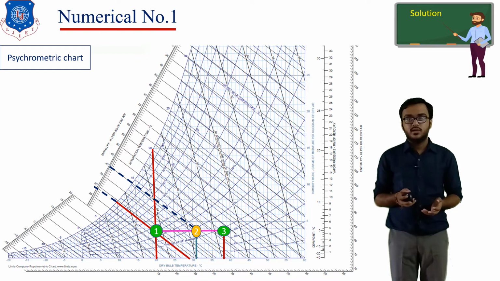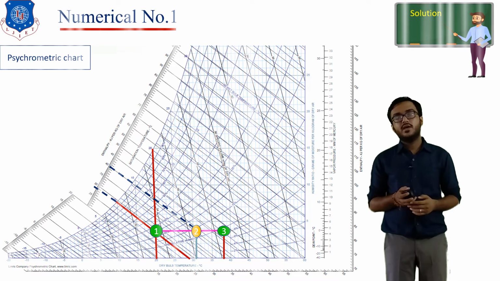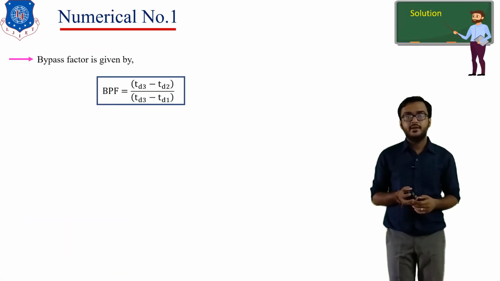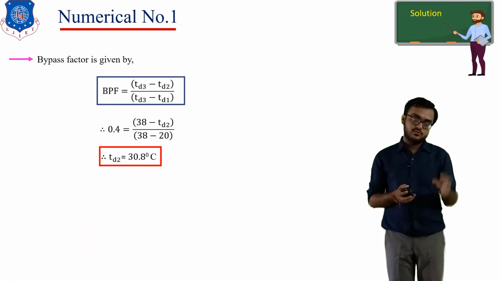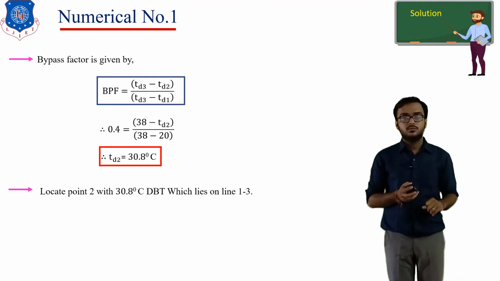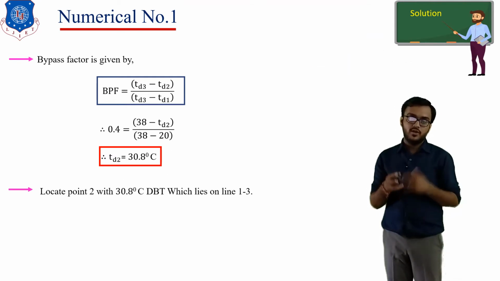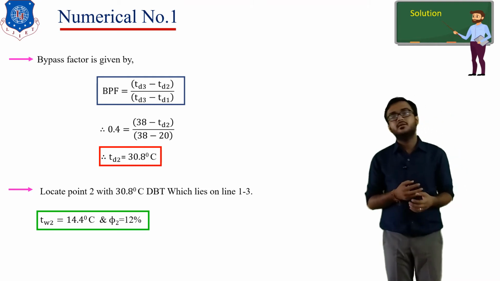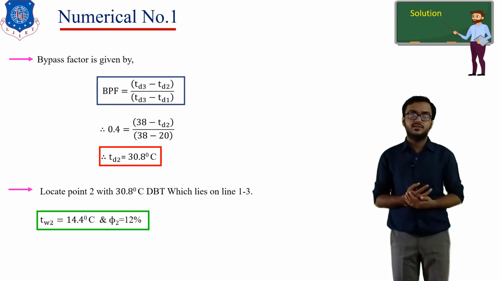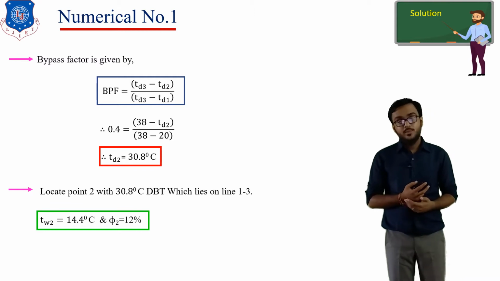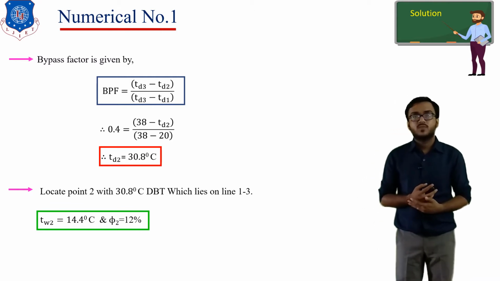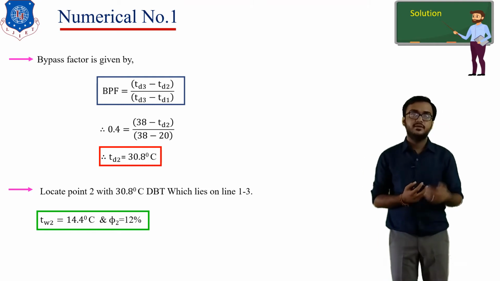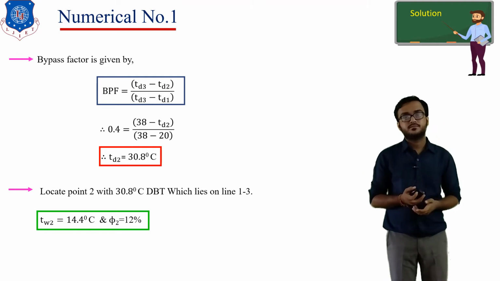As per the discussion, here we have a value of TD2, that is 30.8 degrees. Then from point number 2, we have the wet bulb value, that is 14.4 degrees centigrade, and the relative humidity, that is 12%. Now, from enthalpy we are able to calculate the heat added to the air.